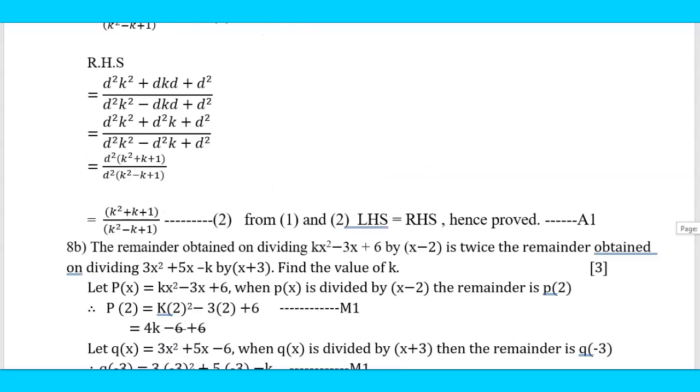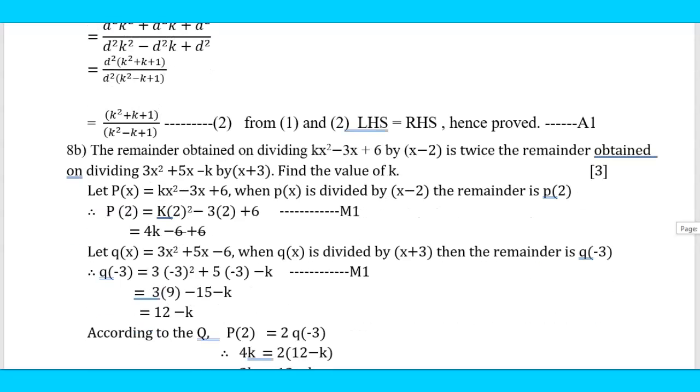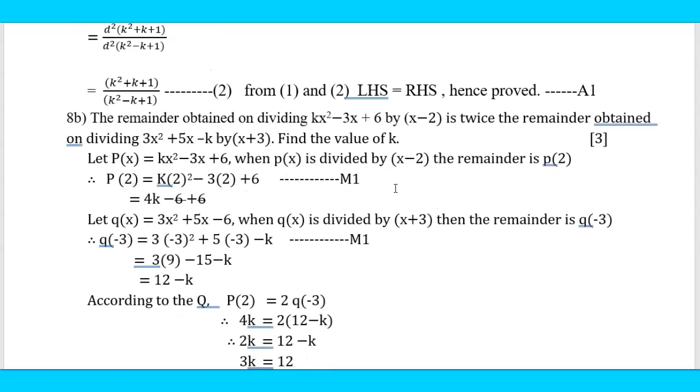Okay, so now in 8b, a remainder is obtained on dividing this polynomial by x minus 2. Substituting x equal to 2 and getting this value, you will get 1 mark. And again it is divided, so you can name the other polynomial as q of x.